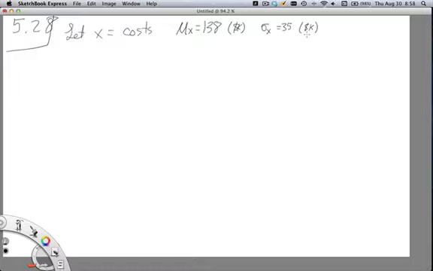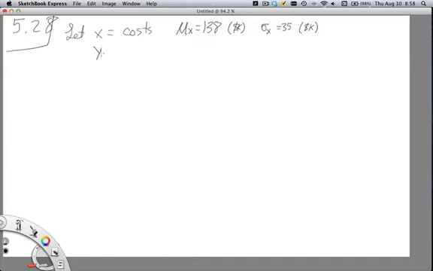Let's read on. You have just learned that the suppliers are raising your prices by 4% across the board. Find the new average and standard deviation of your costs. All right, so for every item that I am buying, it looks like the cost is going to go up by 4%.